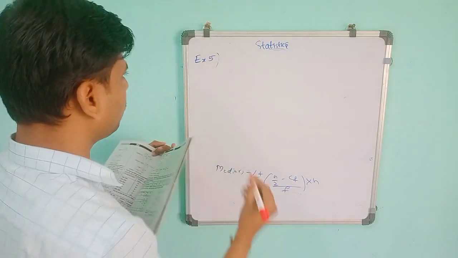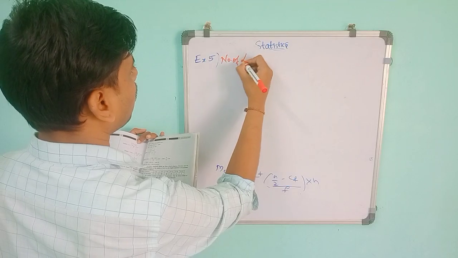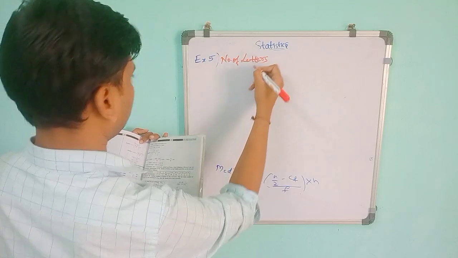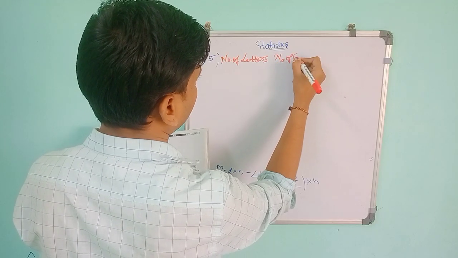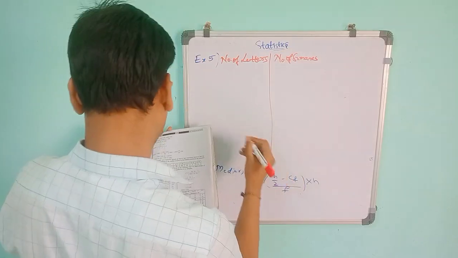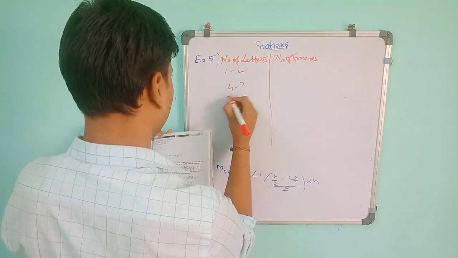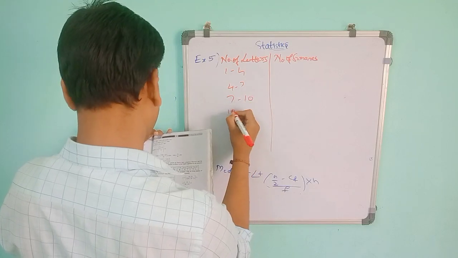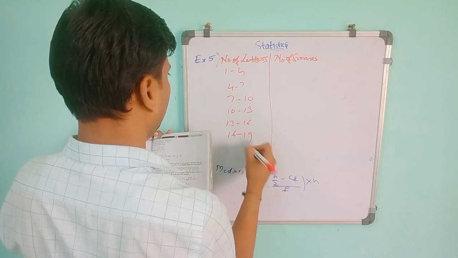So number of letters, then number of surnames. They have given the class intervals 1 to 4, 4 to 7, 7 to 10, 10 to 13, 13 to 16, and 16 to 19.